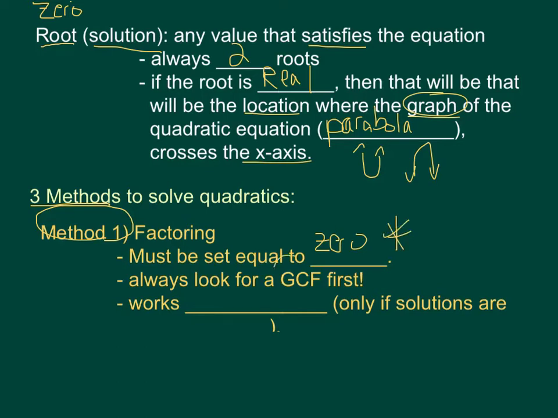You can also save yourself some work by always looking for the GCF first. And make note that factoring only works sometimes. It only works if the solutions are rational. If the solutions are not rational, then factoring won't help you. Rational means that they're numbers that can be written as fractions.